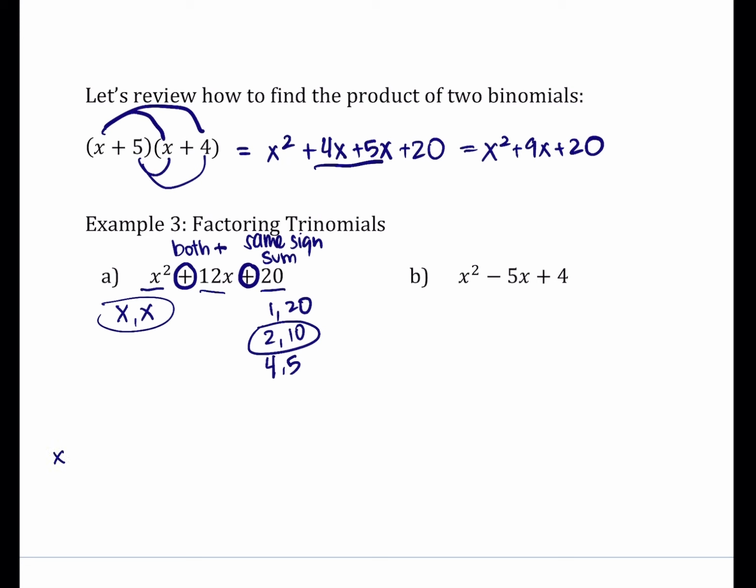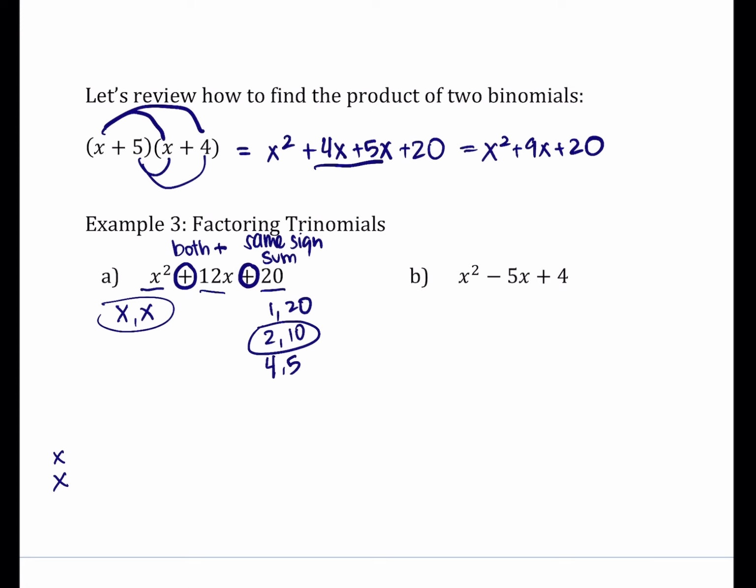And there is this little cross multiplication way that I do. It's not super necessary when you have these easier ones to factor, meaning that there's no number in front of x squared. But the more we get used to it, the easier it'll be to factor the ones with a number in front of x squared. So we have x and x, 2 and 10, both are going to be positive: x plus 2 times x plus 10.